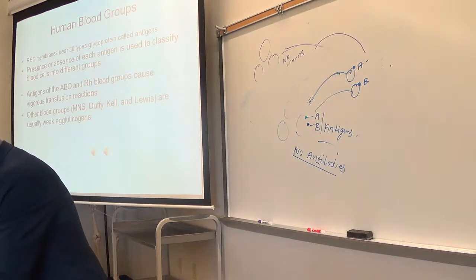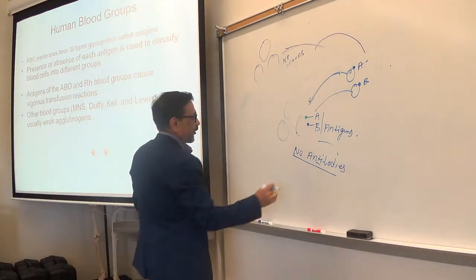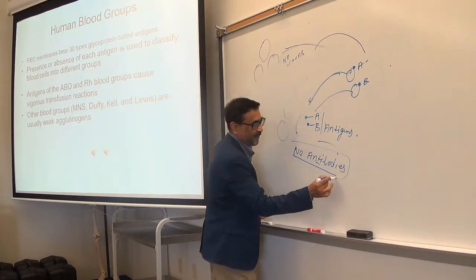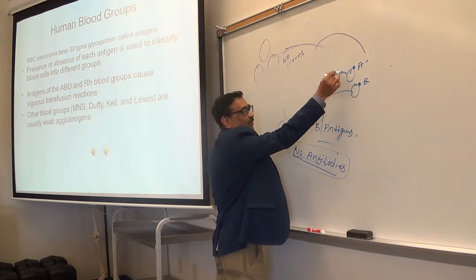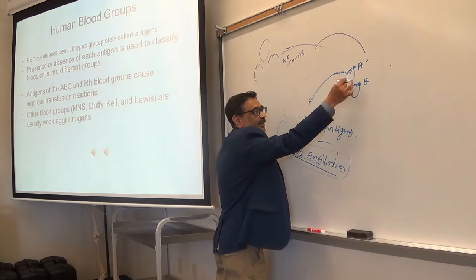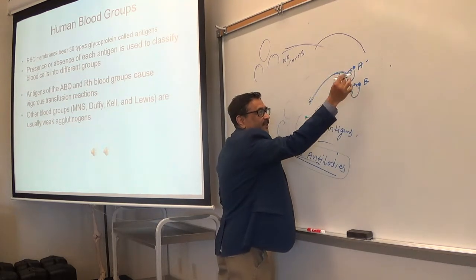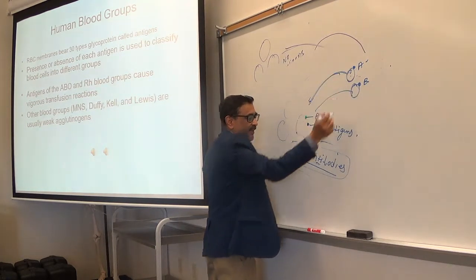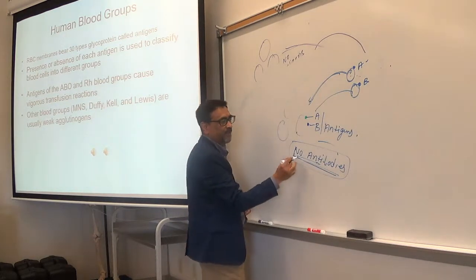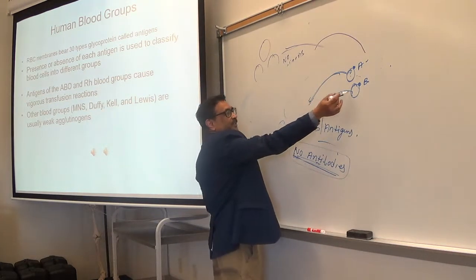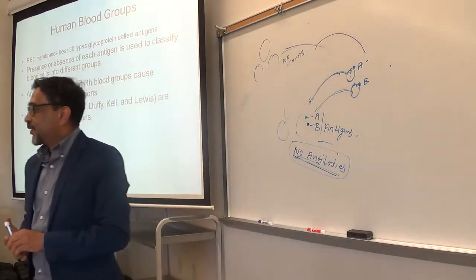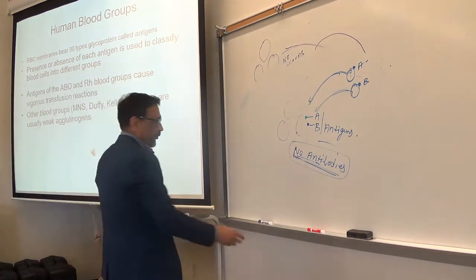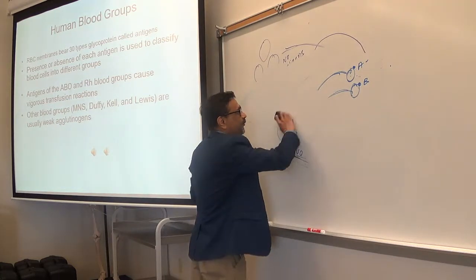Why? Because you see, this one, AB, has no antibodies, so we will consider the red blood cells of the donor, this person's, and the plasma or antibodies of this person. So this is safe. Now, the problem is if you do this way.